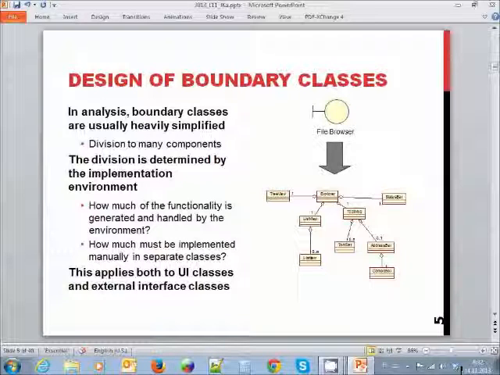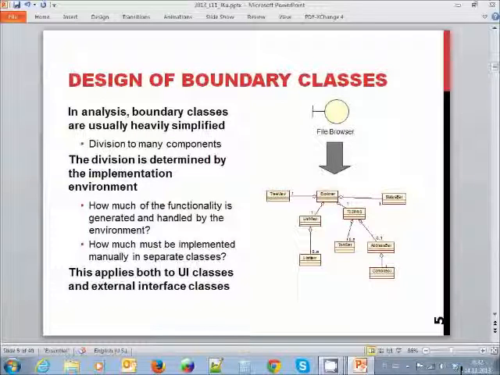For example, in the design of boundary classes, the boundary does not represent one class or one component. It's more or less an abstraction which defines several different subclasses or subdivisions of the entire user interface.